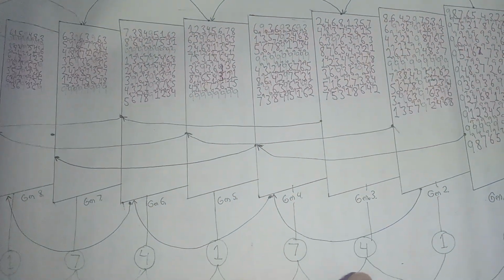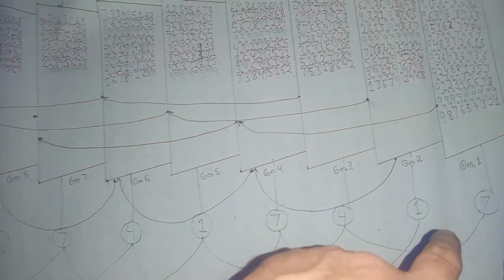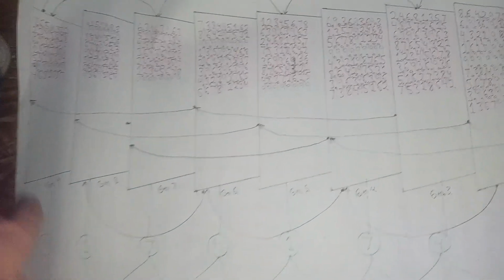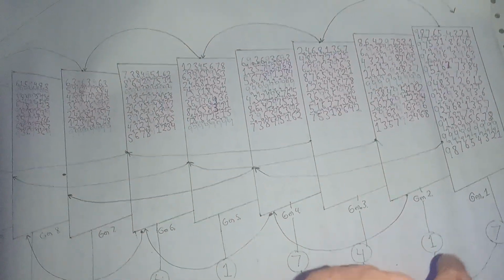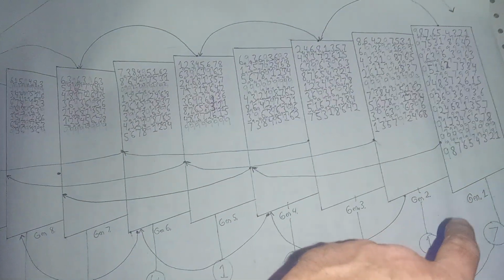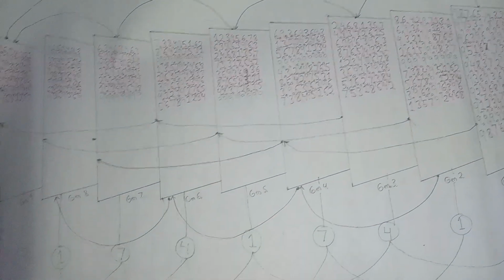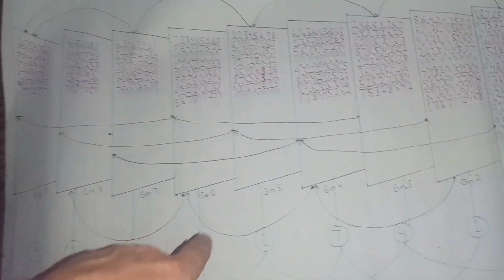Then it goes to 4, and then 1, and then goes back to 7, and then 4, and then it goes back to 1. And then this is the next generation, 1, 4, or 1, 7, 4. Those are the embedded generations.